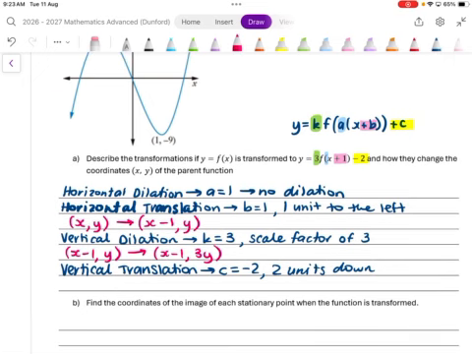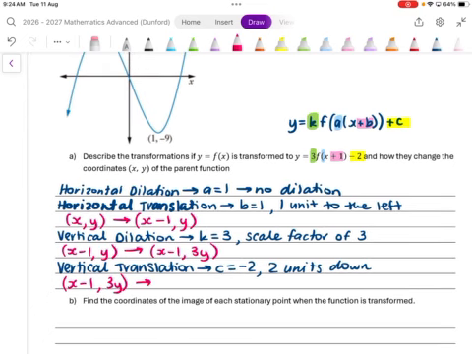So we start with x minus 1, 3y, and that is going to become, once we apply our vertical translation, x minus 1, 3y minus 2. Does that make sense? I'll give you a second to catch up if you're still writing.